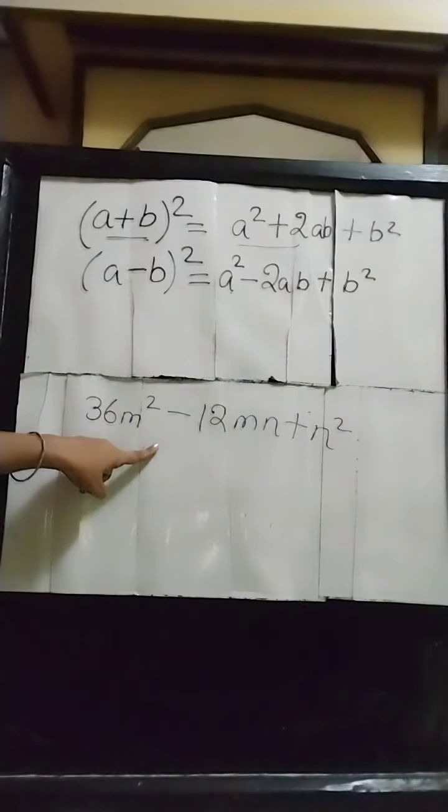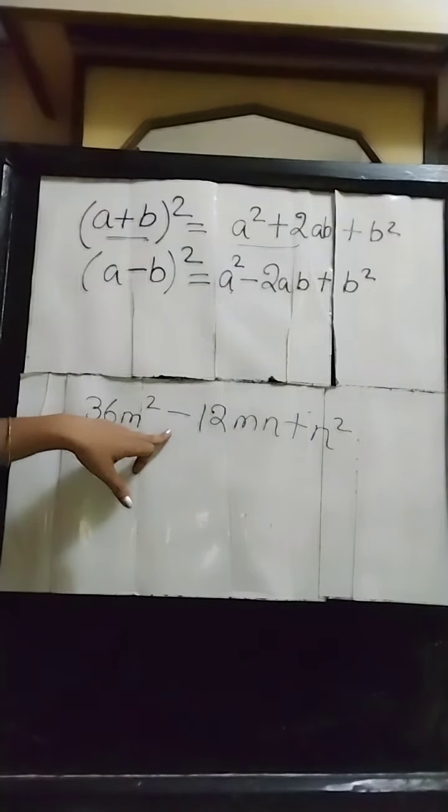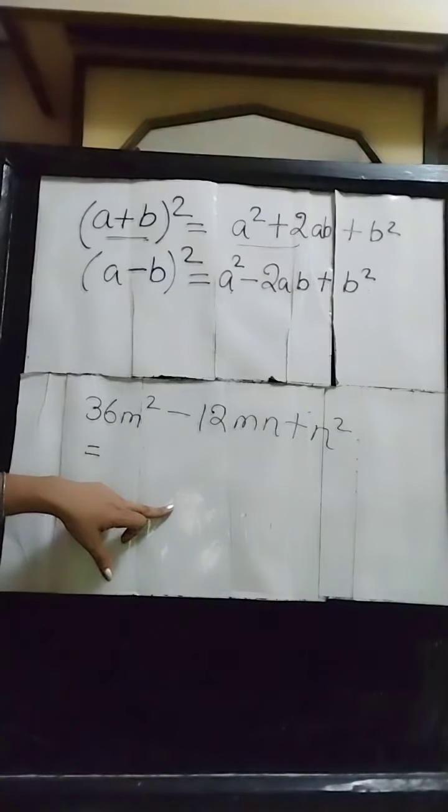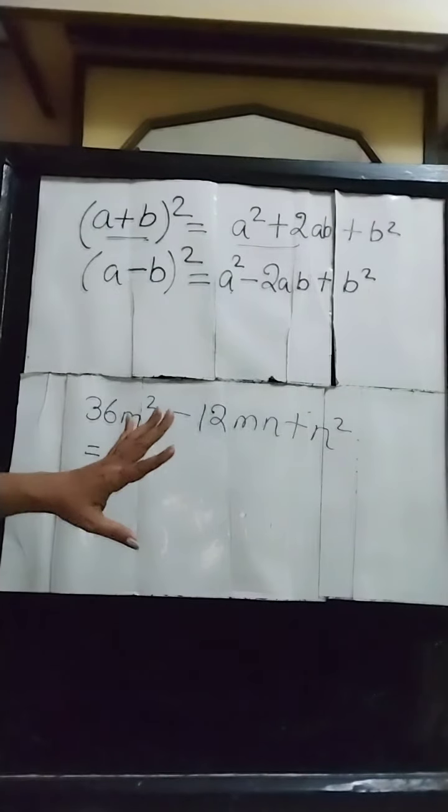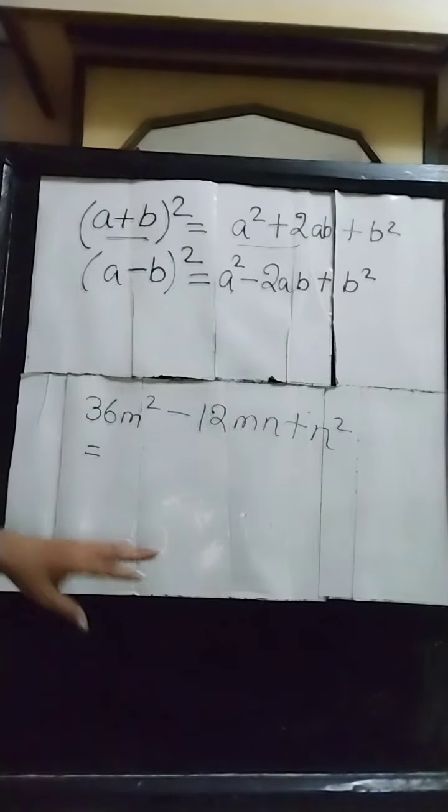With back calculation you are asked to find out whose square this is, whose result this is. That means you have to find out the terms whose square is coming as this. This is the result. You have to find out the original term, the square of the subtraction or addition of the two terms.